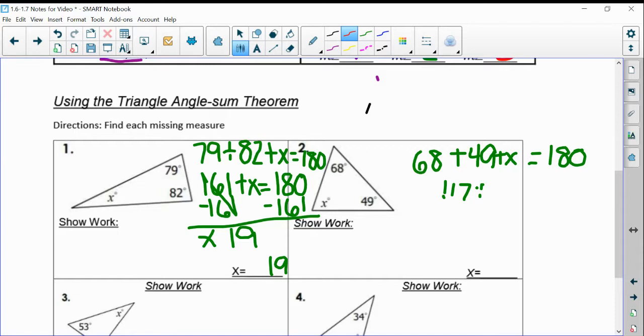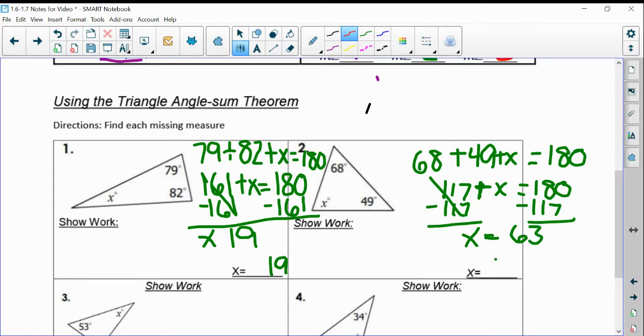So 117 plus x. Now that we're done combining our like terms, we can do our inverse operations. We get rid of addition with subtraction. This cancels. X is going to be equal to 63.